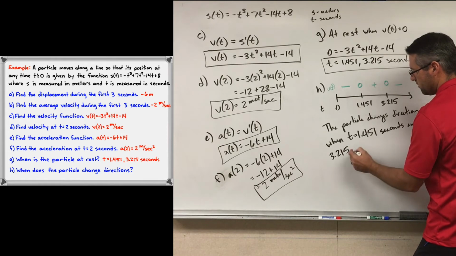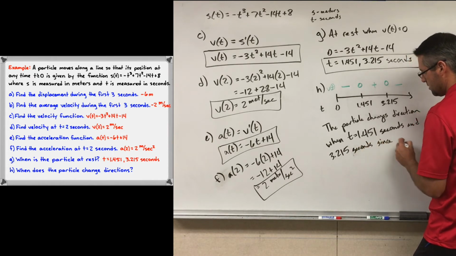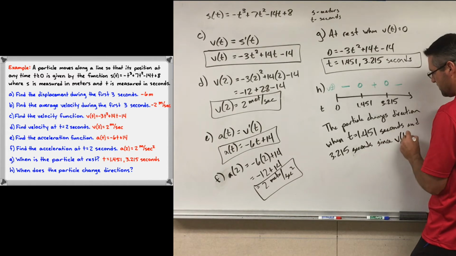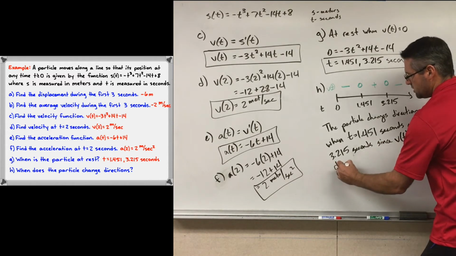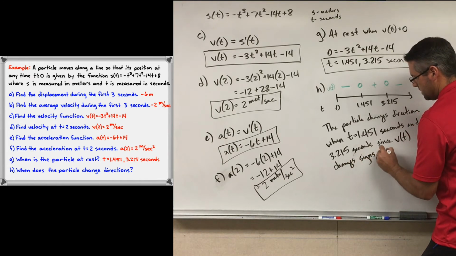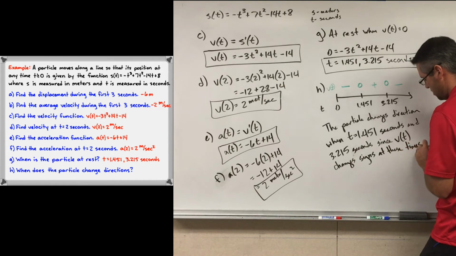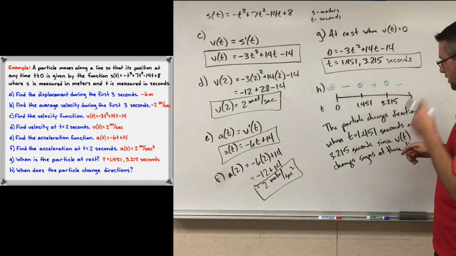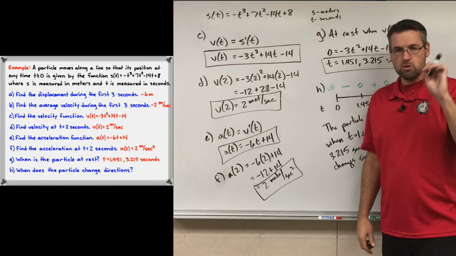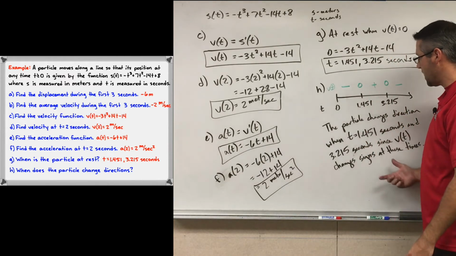Oops, can't spell. And then now we want to provide justification. Since velocity, v of t, changes signs at these times. That's really what we're looking for when we're looking for a change in direction. The particle changes direction when the velocity changes signs.